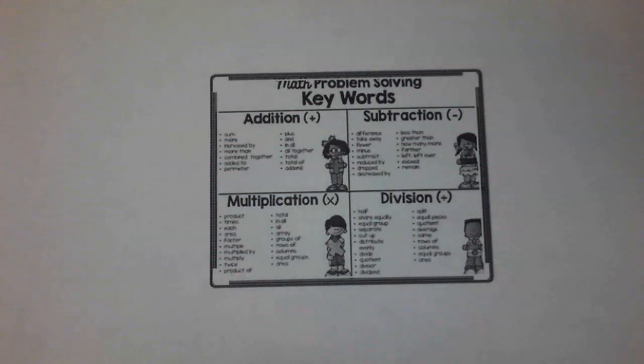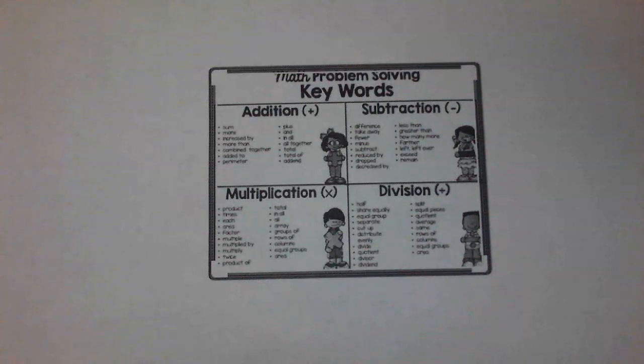So those are some key words that you might see in a question that will help you to know that you're supposed to add, and then you don't have to worry about any of the other functions. So we're going to take a look at a couple of story problems, and I'll show you how I would work them.